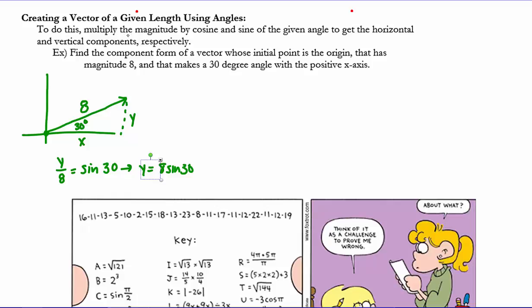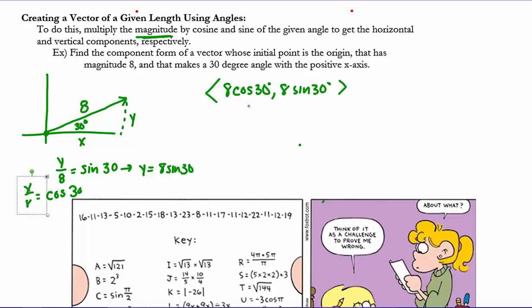I multiply the magnitude, in this case my hypotenuse, by the cosine and the sine of the given angle to get the horizontal and vertical components respectively. y over 8 is sine 30, x over 8 is cosine 30, isn't it? Yes, it is. So my vector is going to be 8 cos 30, 8 sine 30.